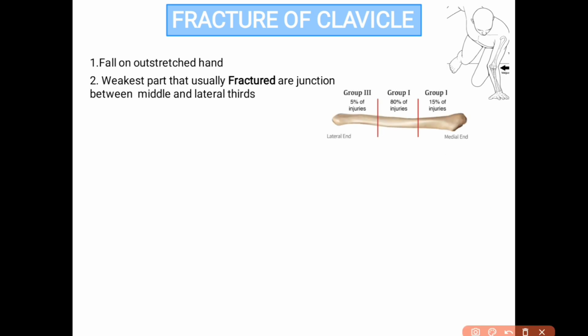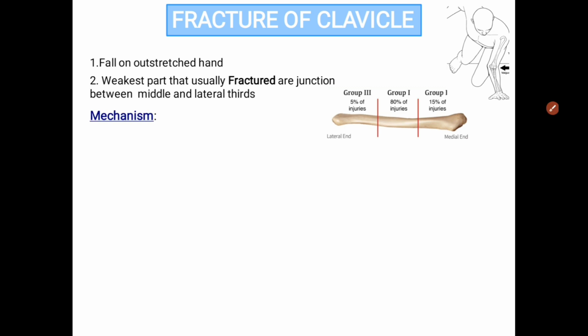You can see in this picture, here is the junction between the middle and lateral end, and here is the junction between the middle and medial end. There is only a 50% chance here, and there is an 80% chance here, and only a 5% chance in group 3. Only 5% of chances occur here.